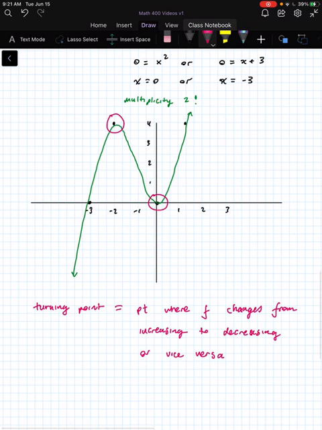Sorry, I was pronouncing that like Tigger in the Tigger movie. So this tells us that at these points is where we should change up our intervals of increasing, decreasing. So let's examine it from left to right.